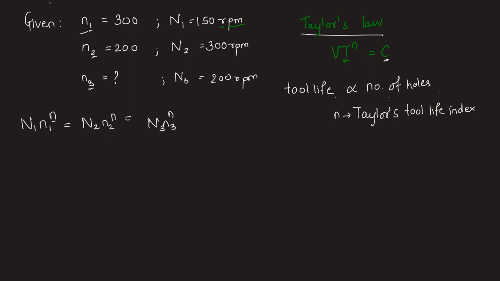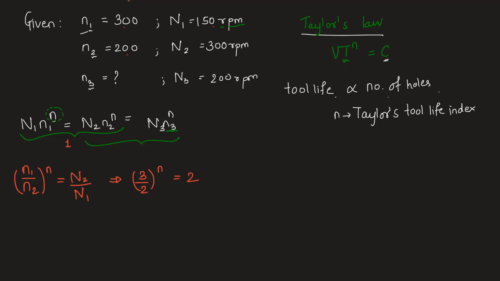Now using the first two equations, we'll first find the value of the Taylor's index, and then putting the value of n in the second and third equations, you can find the unknown number of holes in the third case. For the first step, we have small n1 upon small n2 to the power n equal to capital N2 upon capital N1. Putting the values given, n1 by n2 is 300 by 200, which is 3 by 2, to the power n, is equal to 300 by 150 rpm, which is nothing but 2.